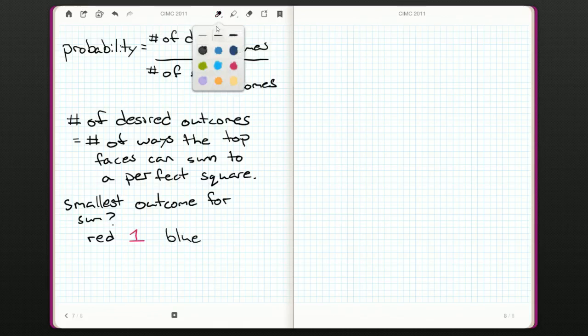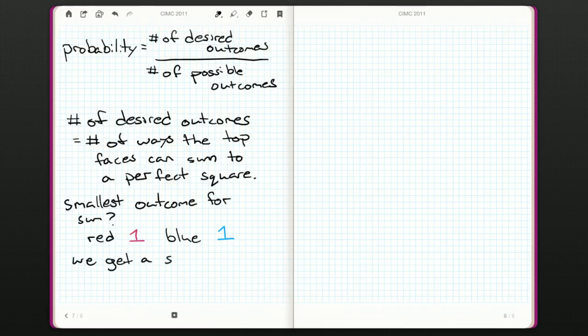They're the 2 smallest values. Okay? So if both dice are showing their smallest value, that is 1s, we get a sum of 2.